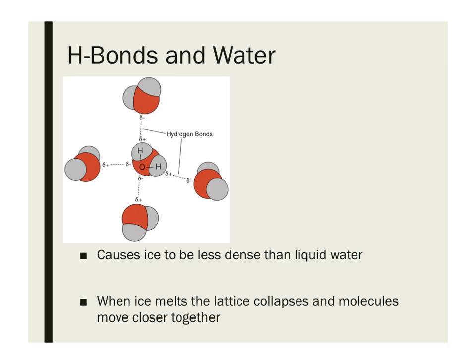And when ice melts, this lattice of hydrogen bonds collapses and the molecules move closer together again. But there are still hydrogen bonds in liquid water. They're just not as strong or as numerous as we see them in solid water or ice.